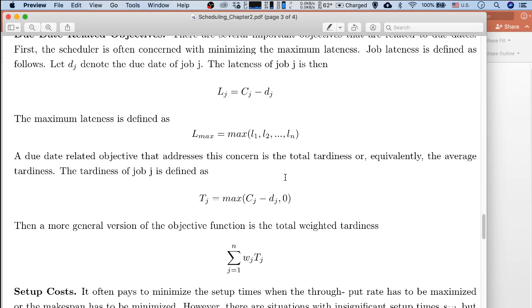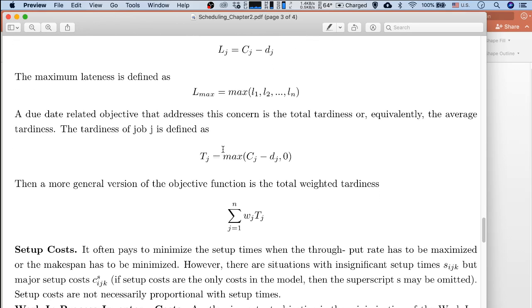So in this case the maximum will be a little bit counter to your intuition. So by this we define something like the tardiness. It will be Tj equals max of Cj minus Dj and 0. So the tardiness will always be greater than or equal to 0.